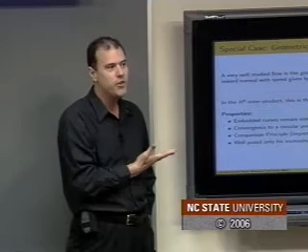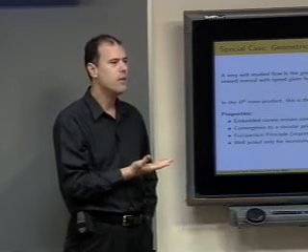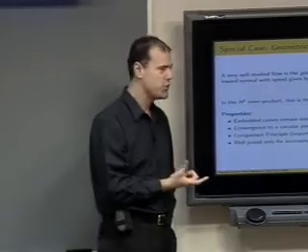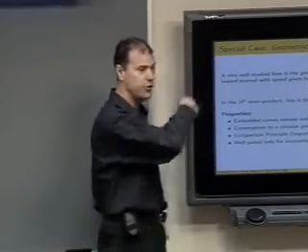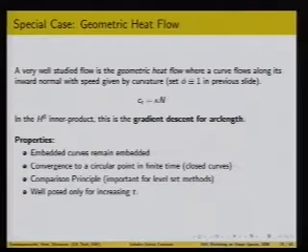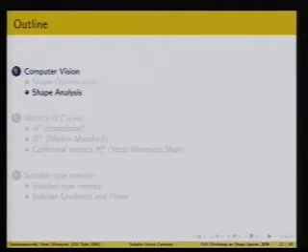It will still decrease length, it will always decrease length, but what makes it the gradient for length is the choice of the H0 inner product that we just saw on the previous slide. So based on that inner product, yes, the geometric heat flow is in fact the gradient descent for arc length, but only with respect to that inner product. This has a lot of nice properties. I'm not going to dwell on these.